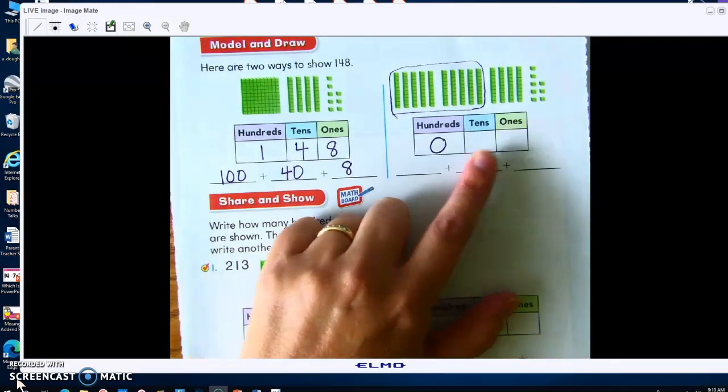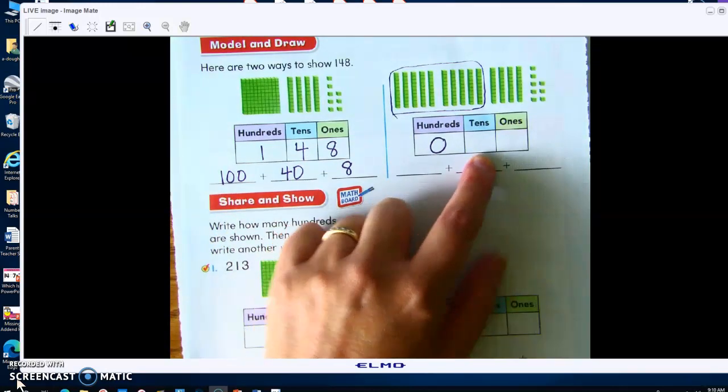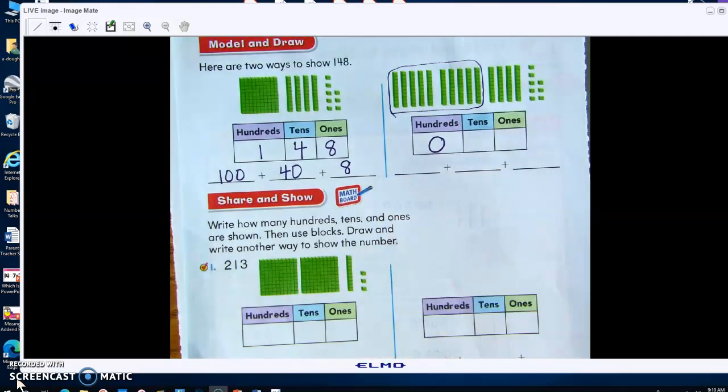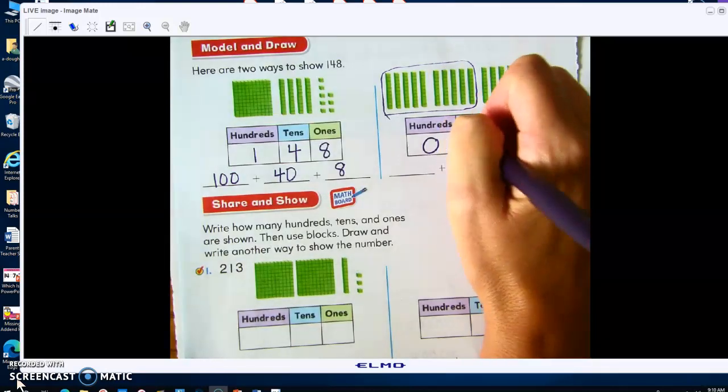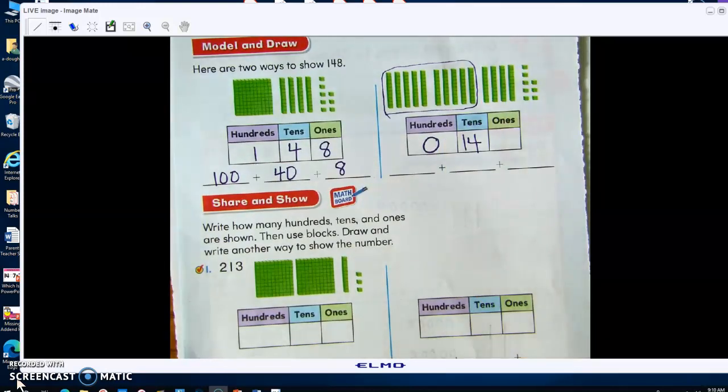How many tens do we have here? How many tens? No, we do not have 4. How many tens do we have here, Xavier? 14 tens. And how many ones do we have? Heather? 8.